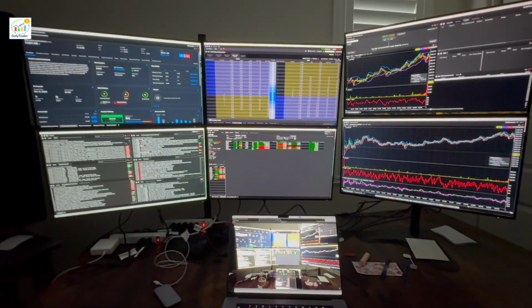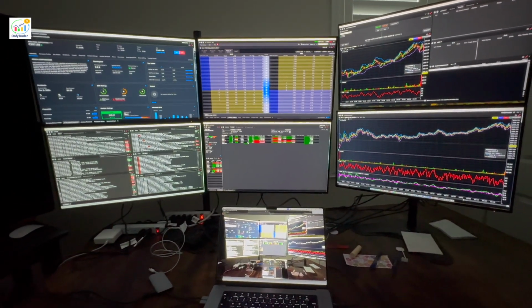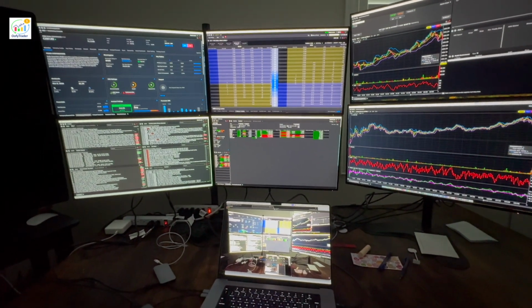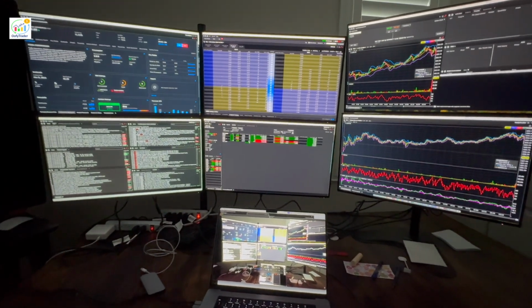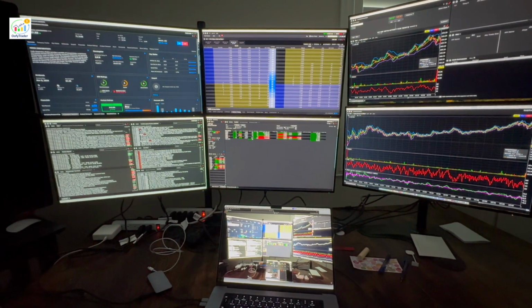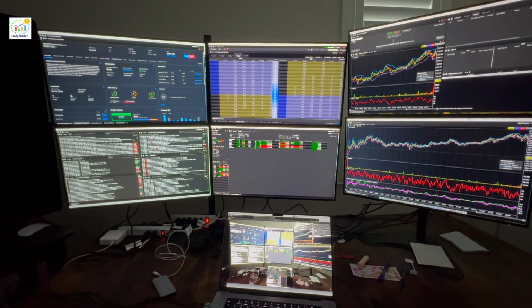Is there any big institutional investor taking big positions, or are they taking an exit? These are the key important things we need to consider while analyzing a stock.